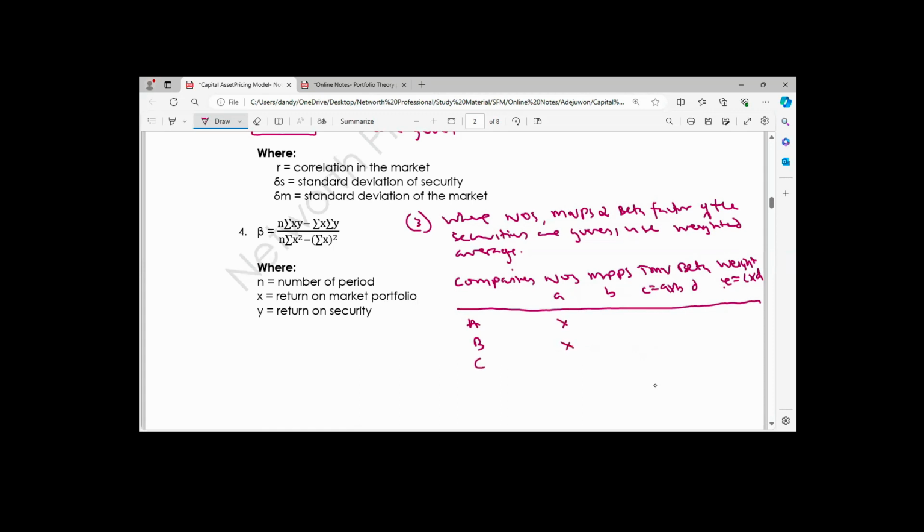Whatever you have here as number of shares, you multiply by the market price per share to get the total market value. Then the beta factor of each individual security will be given to you. Whatever it is, put it there. Then the market value multiplied by the beta factor of the individual security will give you the weights. You total the weights.